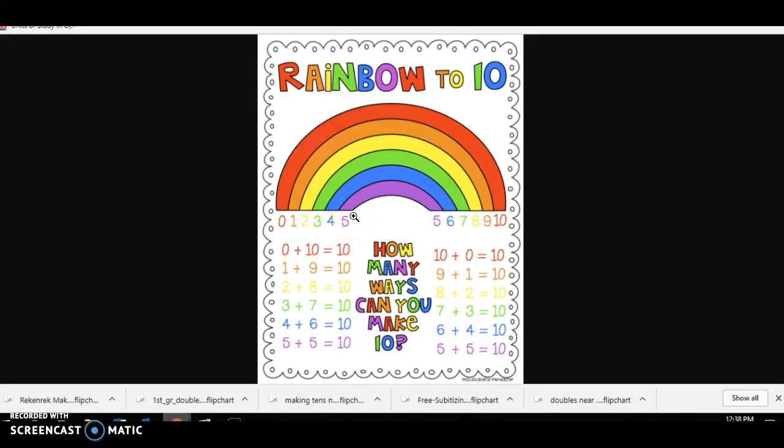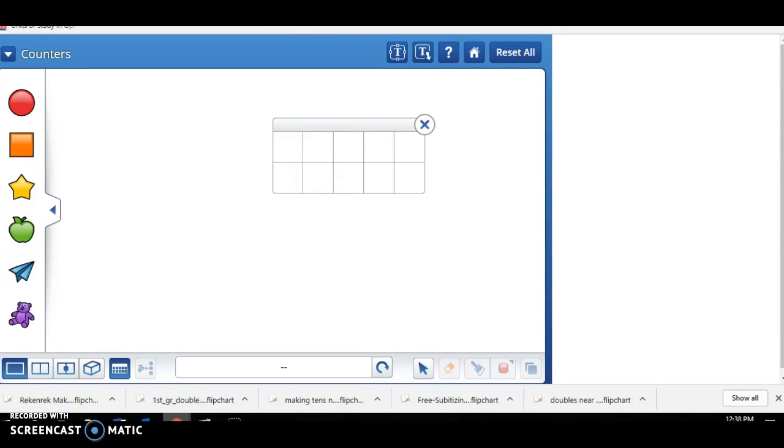So if you can memorize these facts and get a good understanding for this, whether by just memorizing it and knowing 8 plus 2 is 10 as soon as you see it, or by actually visualizing it like we've talked about in other videos by using the tens frame. So we have our tens frame here, and your child can actually use the tens frame to help visualize what it's going to be.